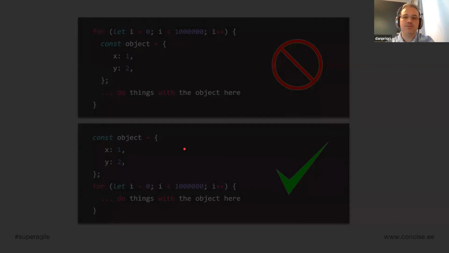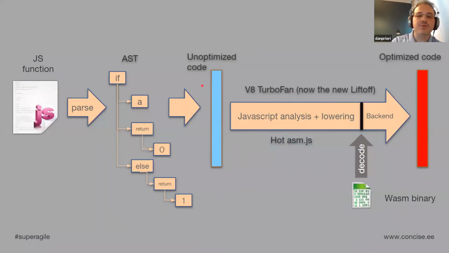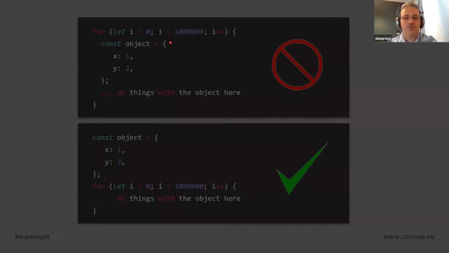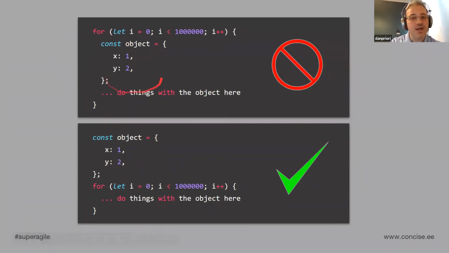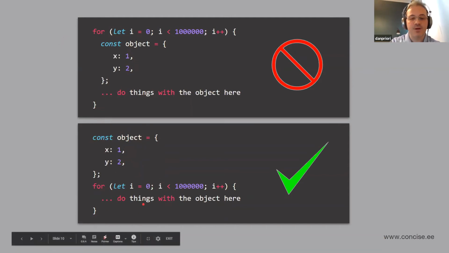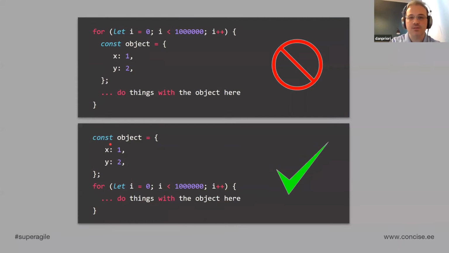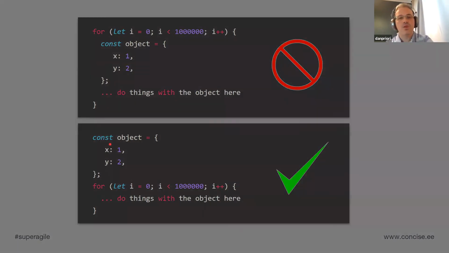if you can see here, I will show you here. All the time, if you try to recreate the same object, it will go from the optimized code to the unoptimized code, and sometimes goes to the first stage here, to the parsing phase. So keep in mind that you should try to avoid creating the same objects all the time in cycles. So I will just go back here. This is the best way to do it for this kind of example. Instead of recreating the same object, just create it outside, just as simple as that.